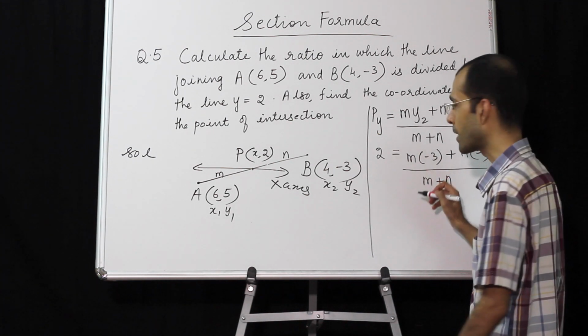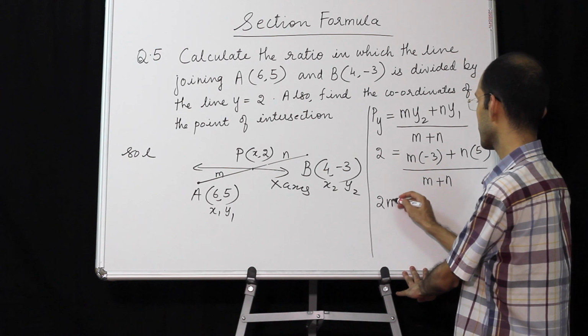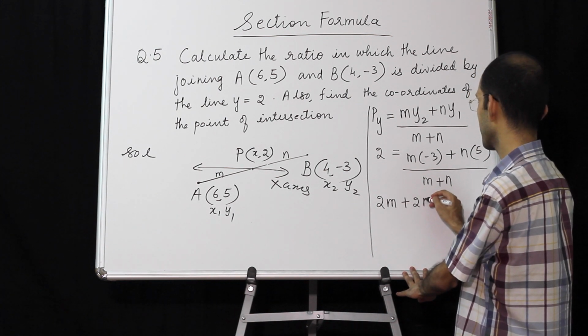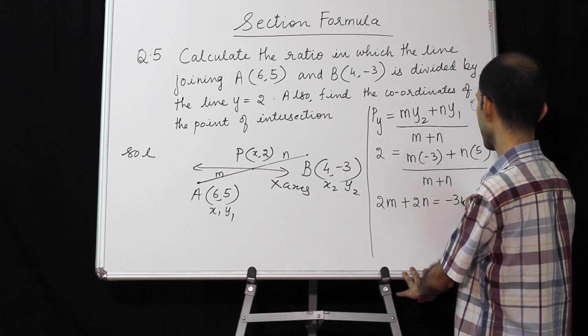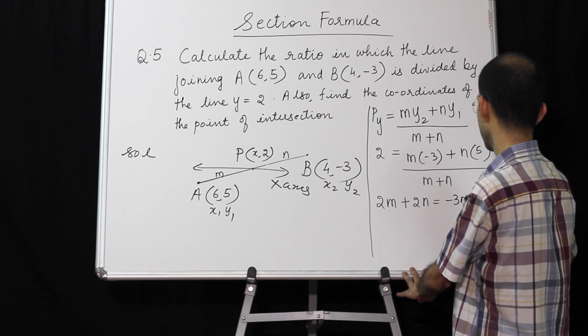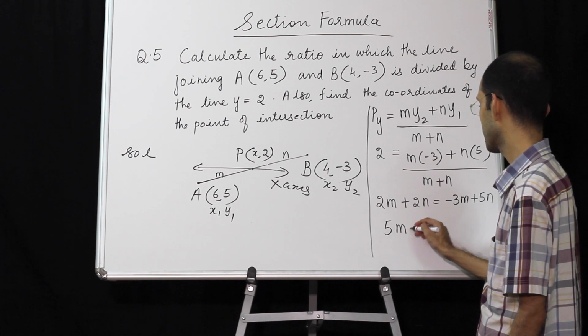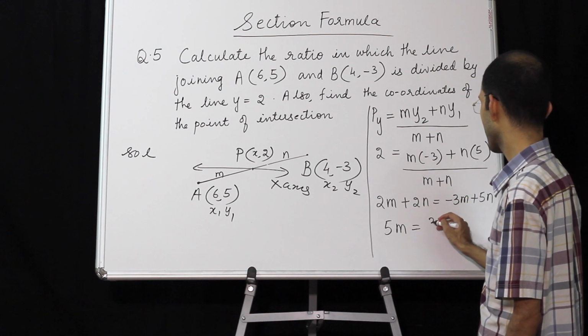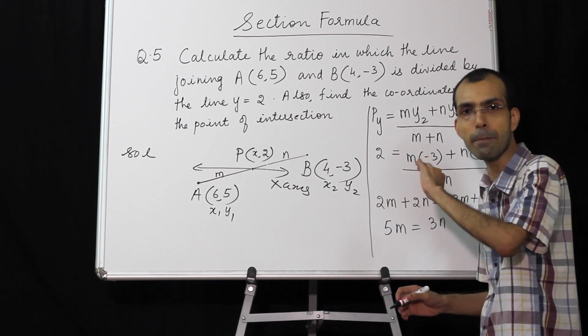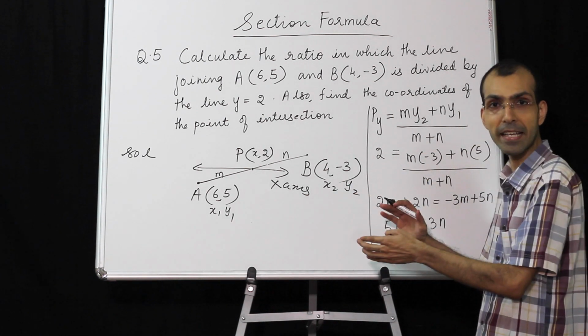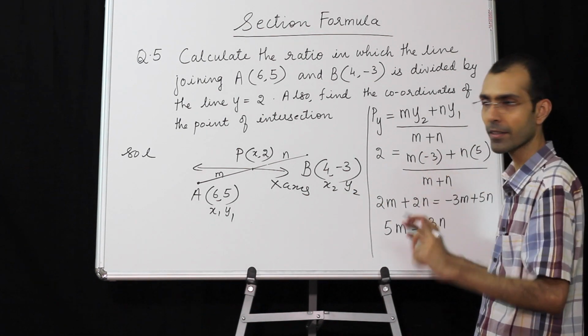Now just cross multiply, get minus 3m, and transpose. Collect all m terms on one side and n terms on the other side. That is a trick.